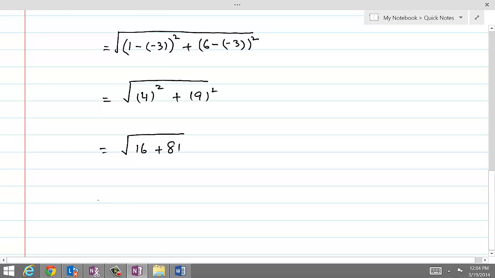That's not hard to calculate. That should be √97. So this is how we can find the distance between 2 points.